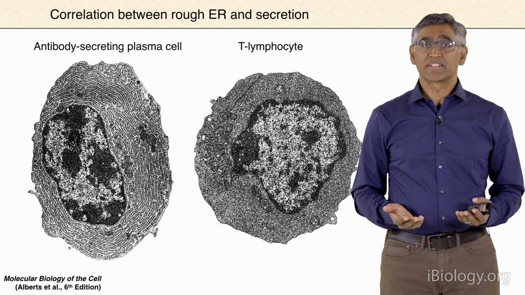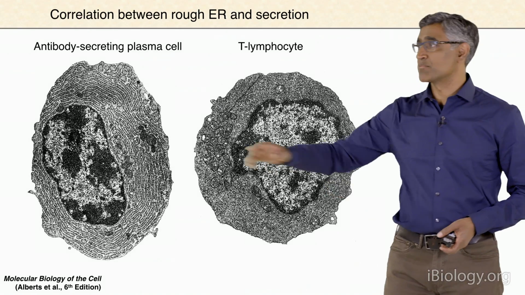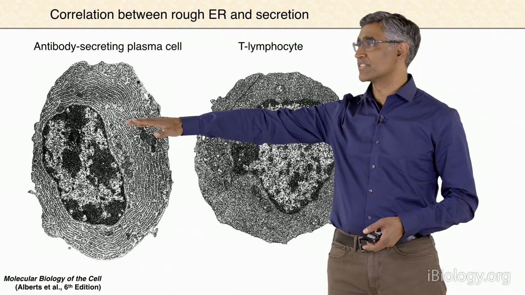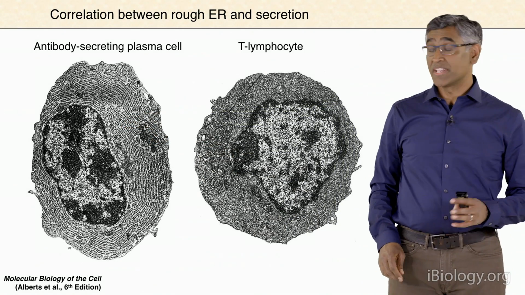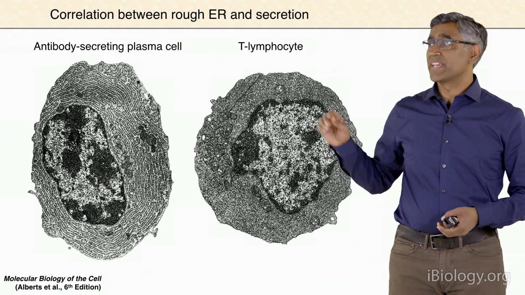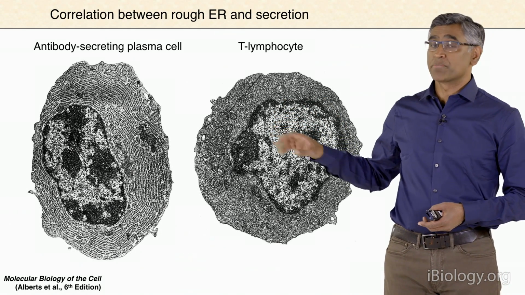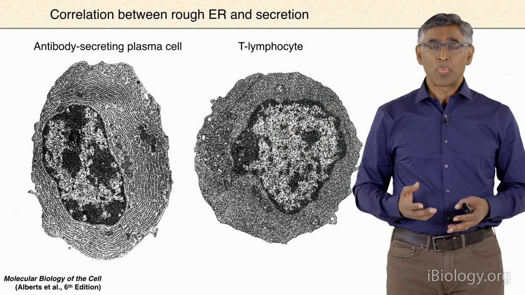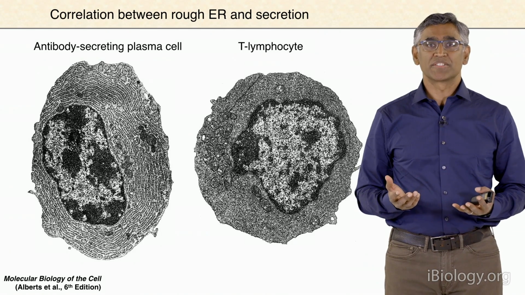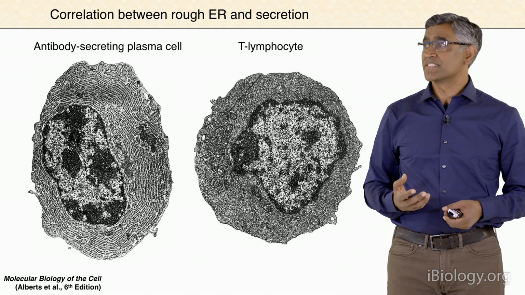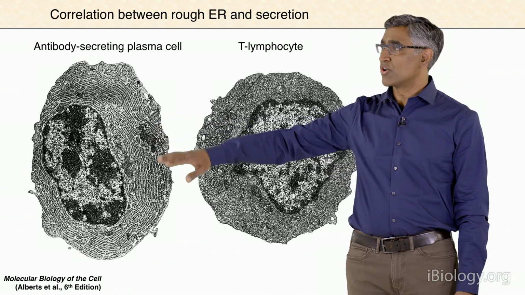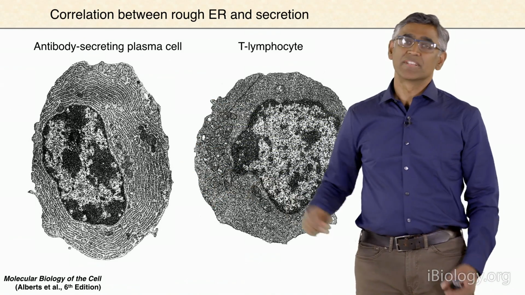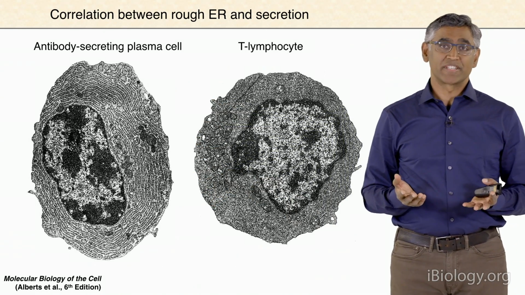So when you look at cells that are secreting lots of protein, for example, this antibody secreting cell over here on the left, compared to a cell that doesn't secrete many proteins, such as this T lymphocyte, you can see that they differ in their morphology. And one of the striking differences is that the cell on the left contains all these intracellular structures which compose the endoplasmic reticulum.